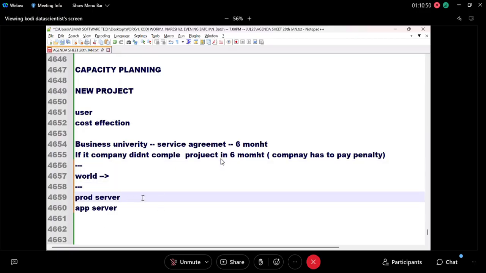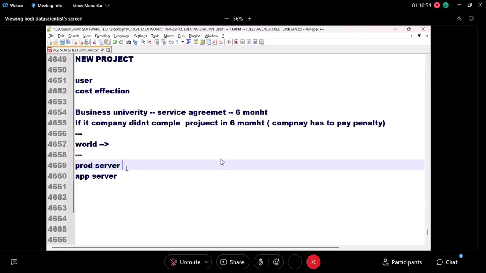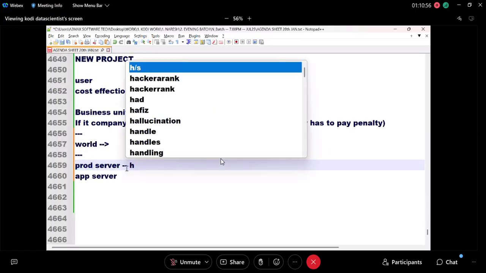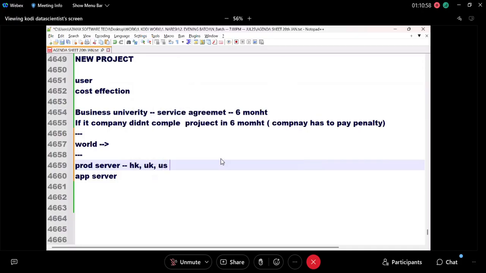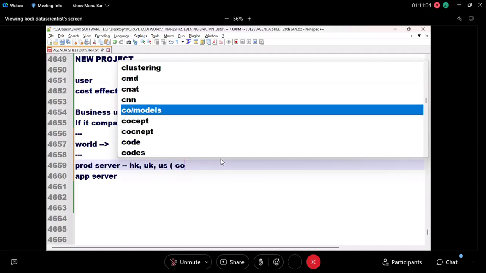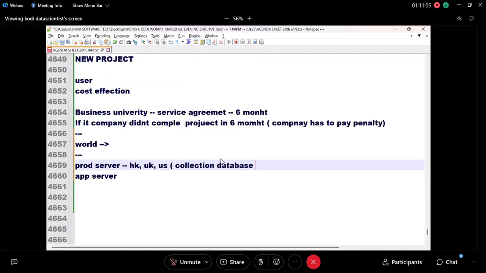Different companies use different names. Sometimes the production servers are sitting in Hong Kong, the UK, the US. What is a production server? A collection of databases that runs 365 days, 24 by 7.